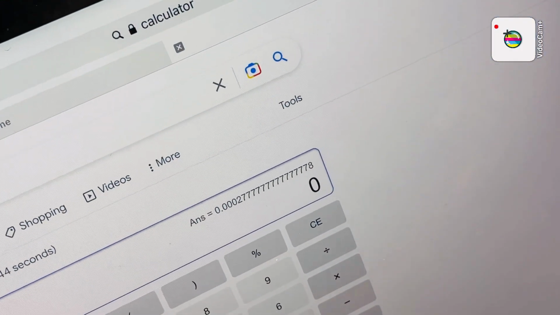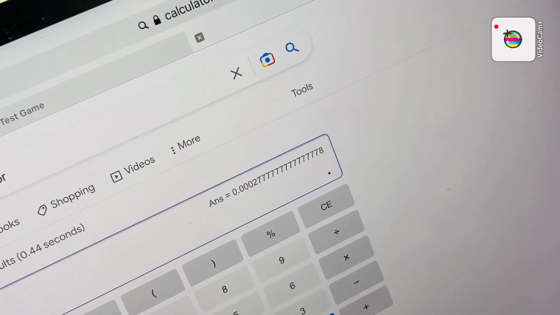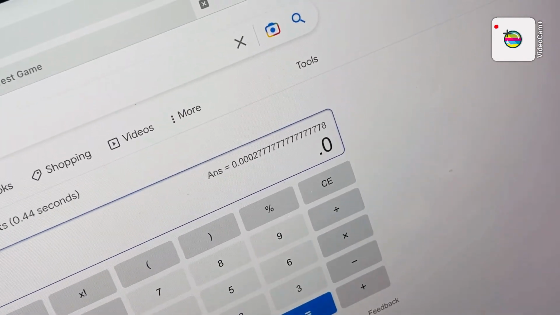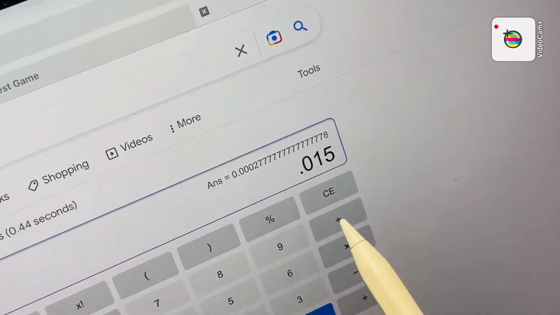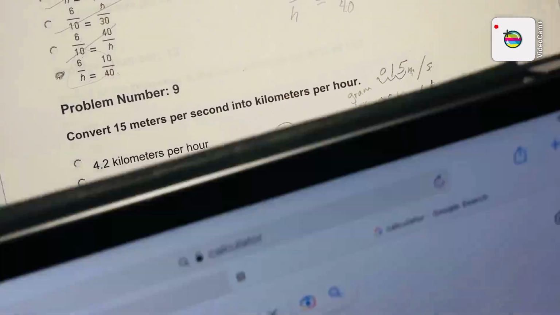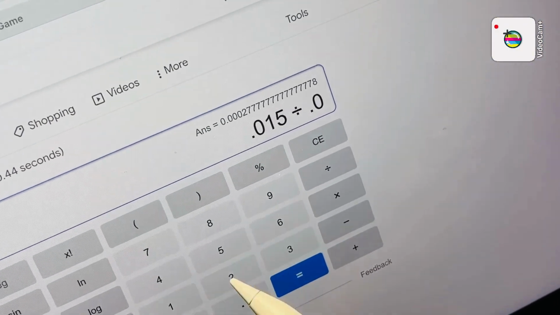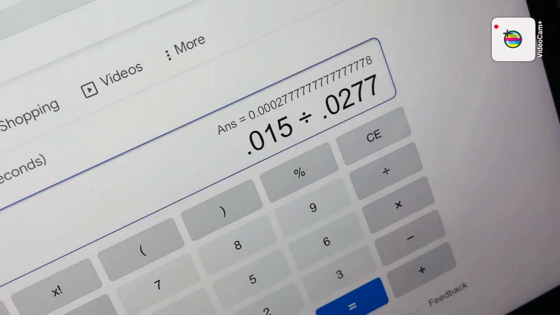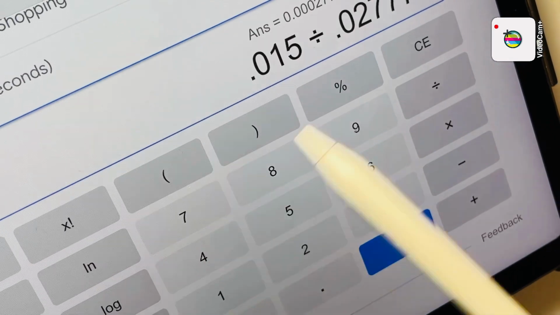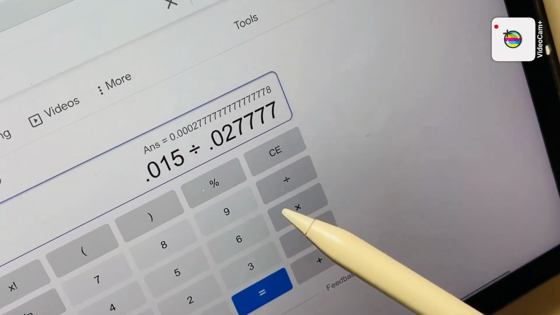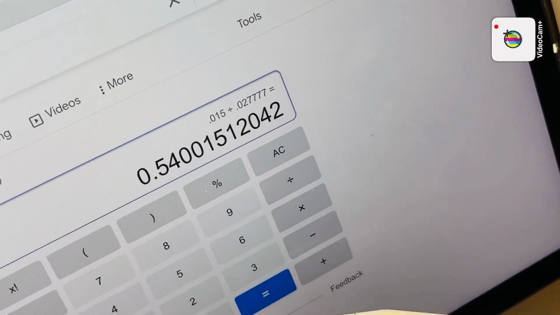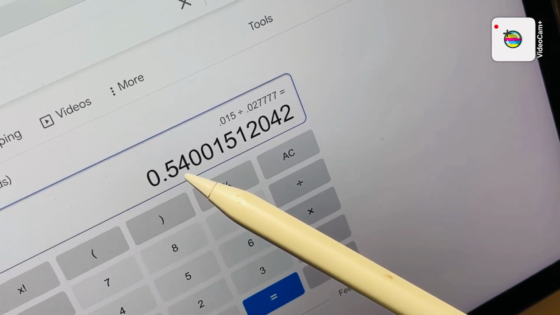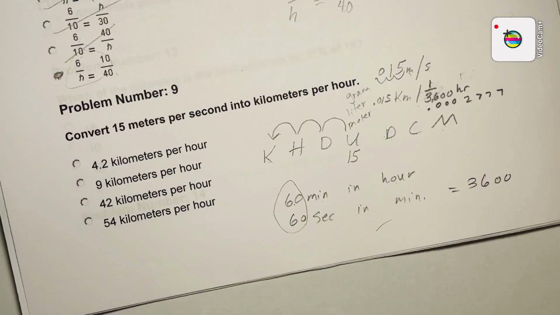So 0.015 kilometers divided by, well, I have the number right here, 0.02777. It goes on forever. This will give us an estimated, close enough answer. 0.54. Which is the wrong answer.